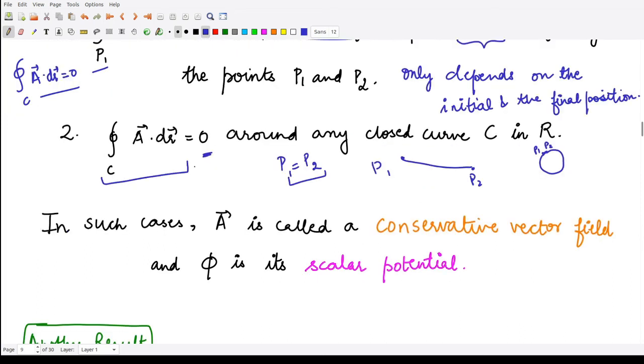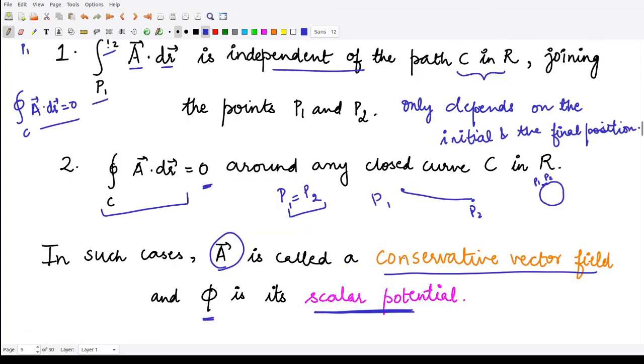And moreover, in such a case, the vector A is defined as a conservative vector field, and the corresponding function phi is defined as the scalar potential. So basically this gives you a crisp and concise definition for the conservative vector field, right?